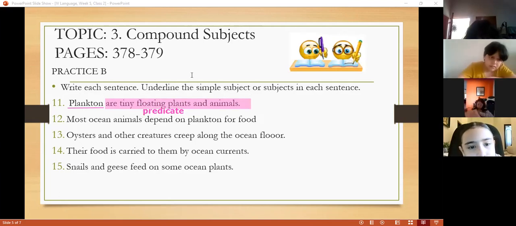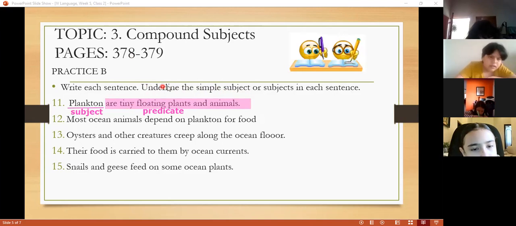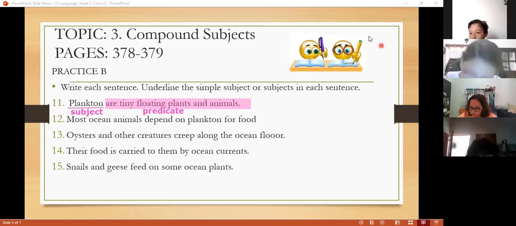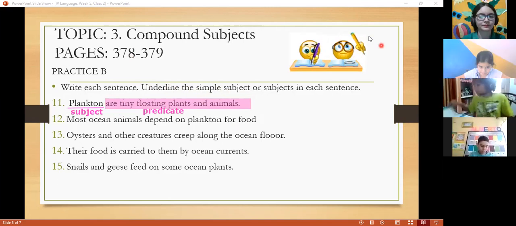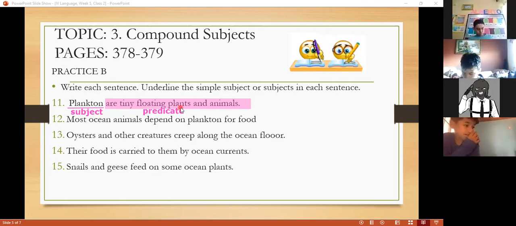So using just the subject, it says underline the simple subjects. This is the subject, and they're the predicate. In your subject, Rebecca, what is the simple subject in your subject? No, plankton. Plankton is the subject and also is the simple subject. Why not plants and animals, Rebecca?